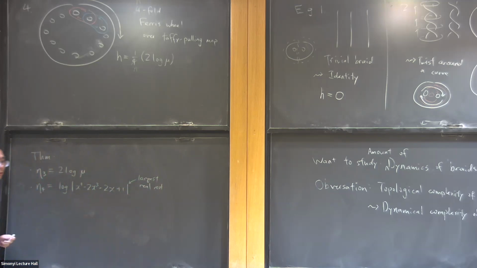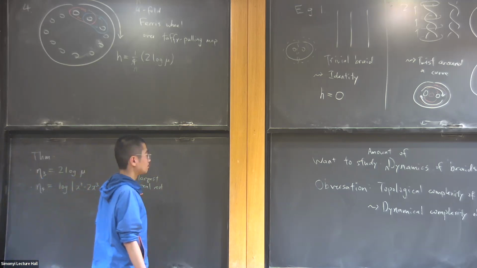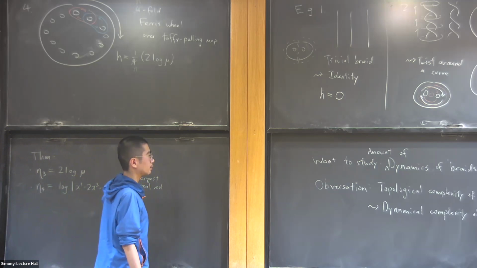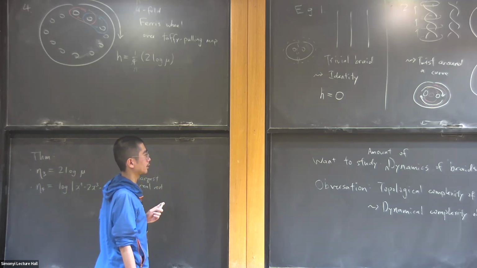So is this also something that comes from lifting something? Yeah, this hyperelliptic, no, it's a question of whether in 4 strands you also take a lift. You could always take a lift, but it would not lift to a torus.